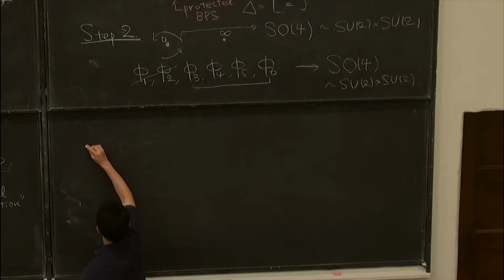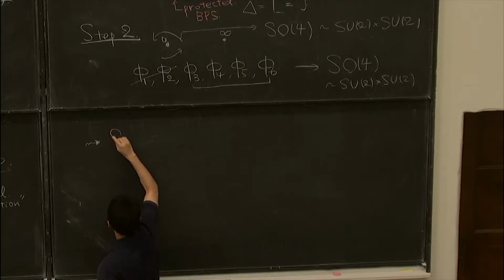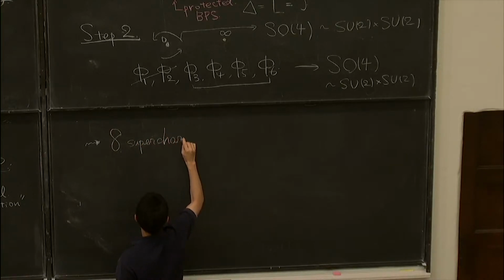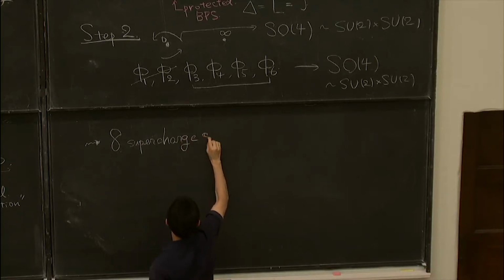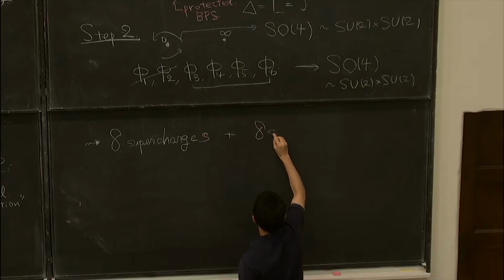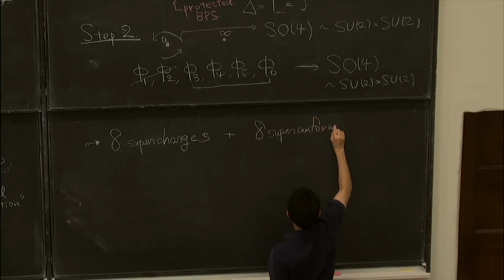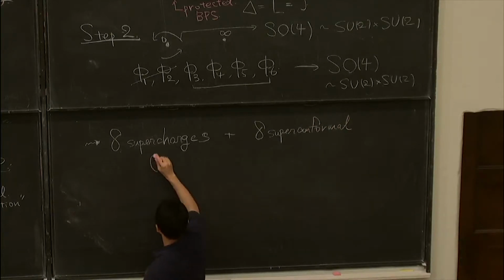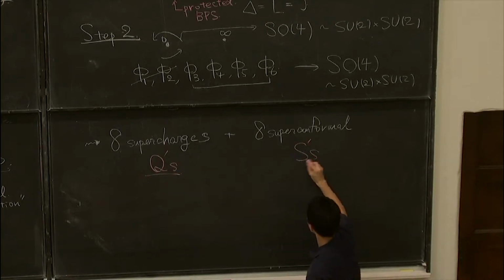I don't have time to explain why they preserve the particular fermionic little group, but I'm just going to state that, in addition to this, there are 8 supercharges plus 8 superconformal charges which preserve this configuration, which in the rest of my talk I denote by Q's and S's.